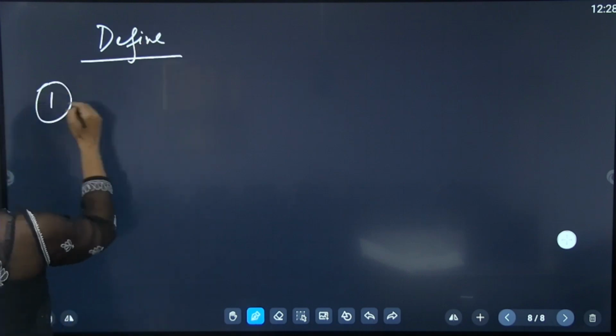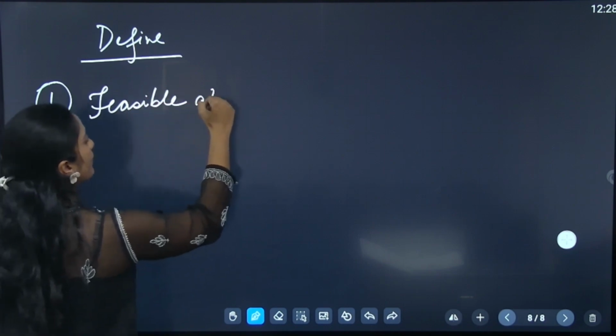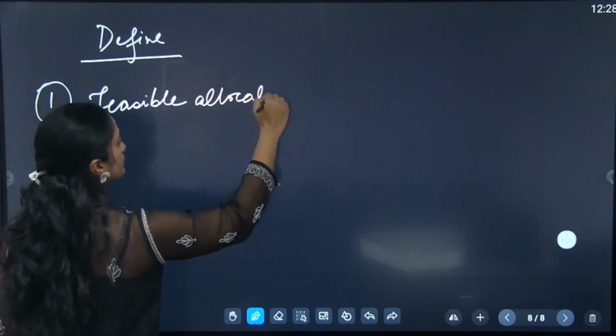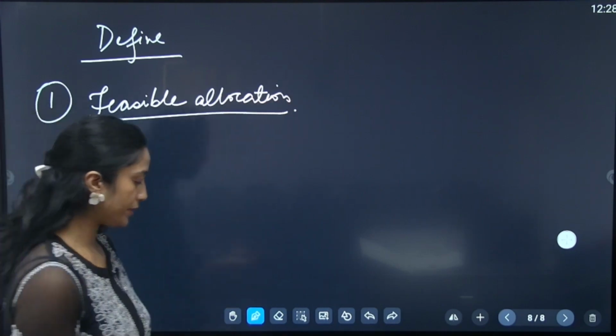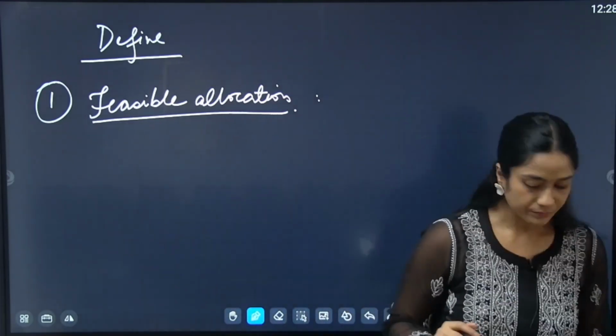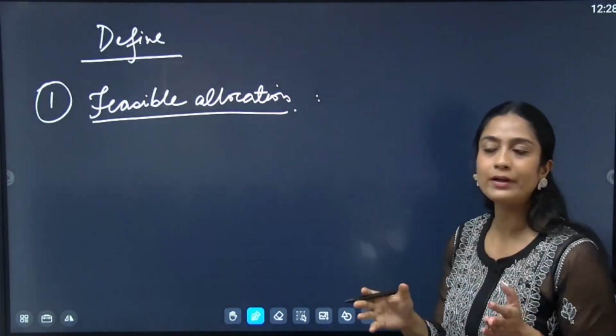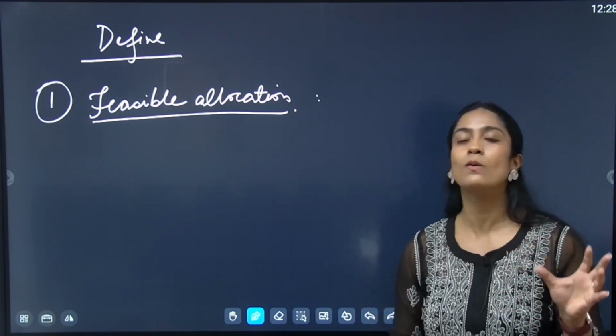The first definition that we will have is what is called a feasible allocation. Okay, this is something that we have already done. An allocation will be a pair of bundles, one with Rahul, one with Fiza.